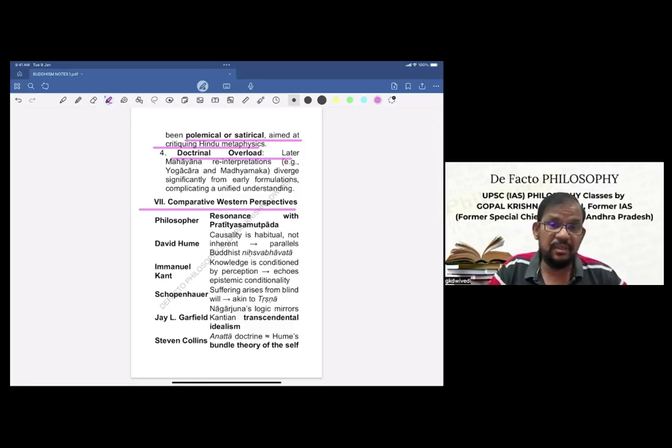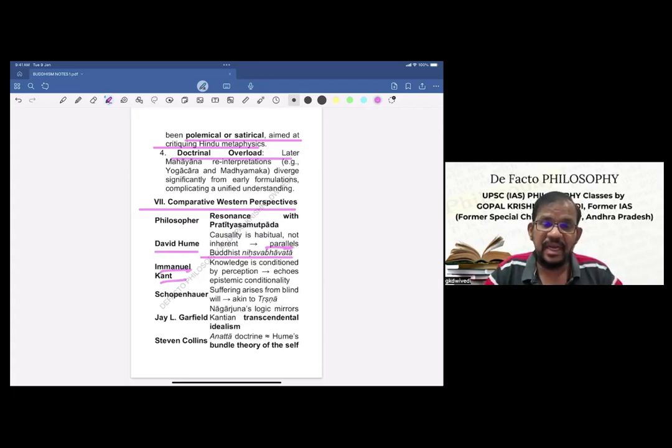David Hume, his causality is habitual, not inherent, parallels Buddhist Nihsvabhavavada. So this is one similarity between Buddhism and David Hume. Immanuel Kant, knowledge is conditioned by perception, echoes epistemic conditionality. So this is another similarity, with Immanuel Kant.